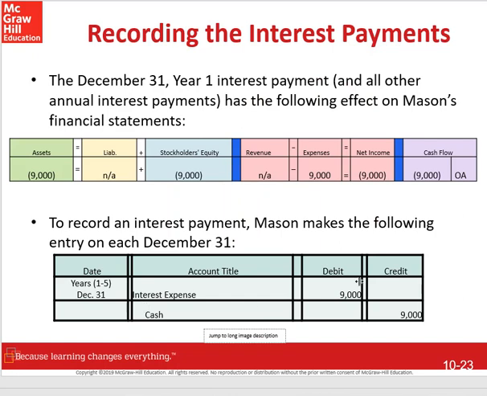So we're debiting interest expense and we're crediting cash. So interest expense is going up, which is making net income, and therefore retained earnings go down, and our assets are going down because we're paying out cash. And the cash flow is OA. Paying interest is OA. So every year we have to make this entry and pay interest to those bondholders.